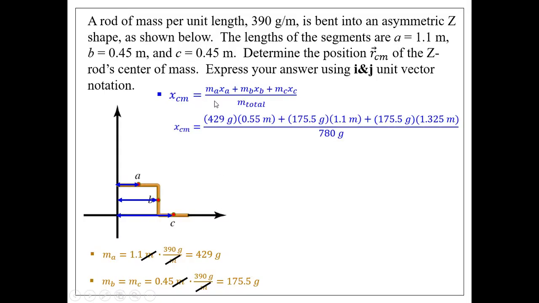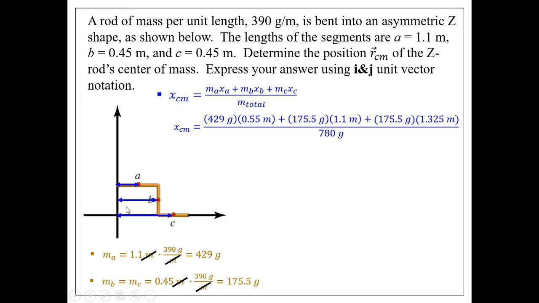So here in my work, the mass for A I already calculated, which is 429 grams. Here is 0.55 because my blue arrow is only half of 1.1, which is 0.55. Likewise, M_B I already found using the linear density. And how far is it from the vertical axis?